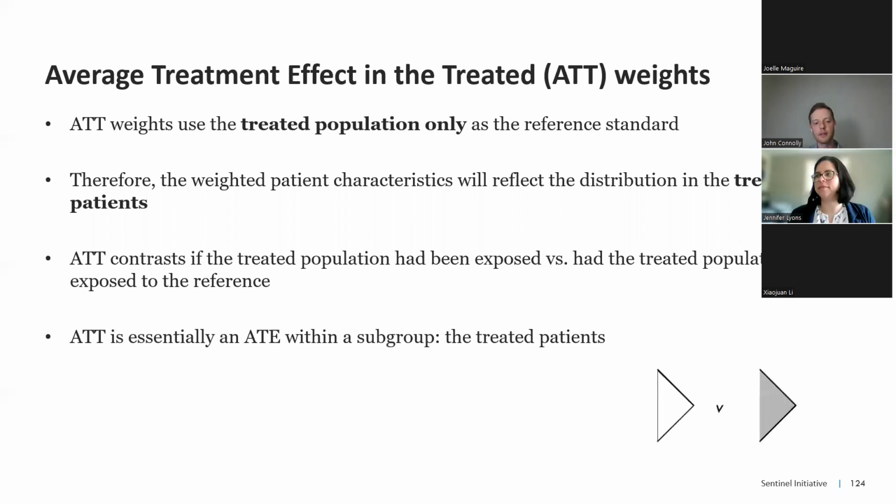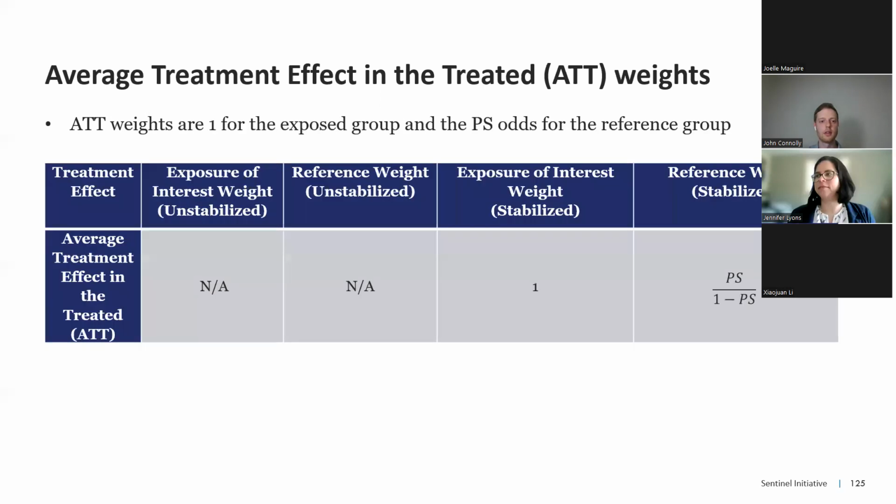And so I think it's helpful to think about the ATT as essentially an ATE within a subgroup, and that subgroup is the treated patients specifically. So here are the equations for the ATT weights. For the exposed group, their weight is just a constant of 1, and for the reference group, their weight is the propensity score odds.